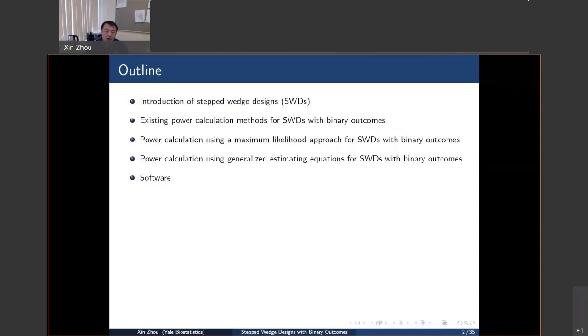In this talk, I'll introduce 2 power calculation methods based on the mixed effect model and on generalized estimating equations. The first one was derived by our group, and the second was derived by Dr. Fan Li. Since now Dr. Fan Li and I are in the same center, we work together to develop software packages to implement these 2 methods. And the last part is to show how to use the software.